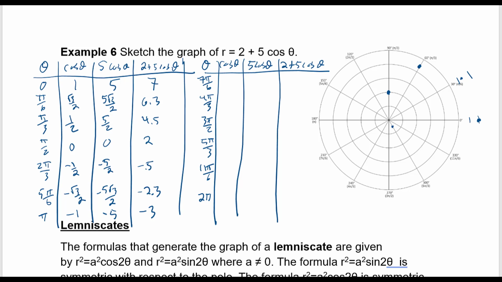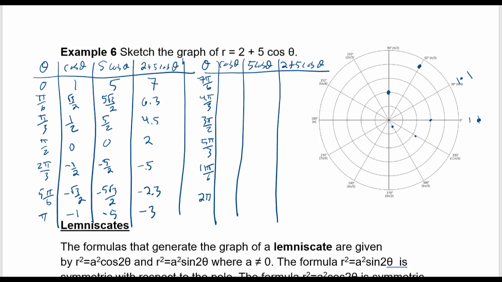So it's already kind of crossing over. And then 5 pi over 6 would be here, and we're at -2.3, so right about there. That's going to be a pretty good sized loop. And then pi is here, but it's at -3, so it goes to here.